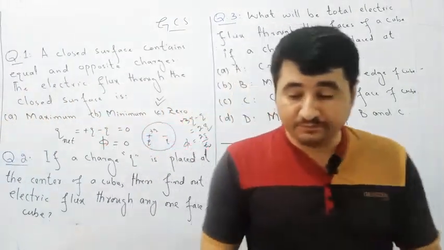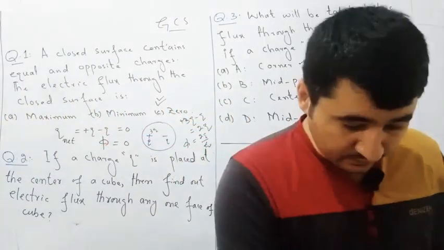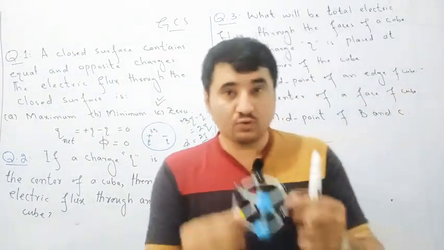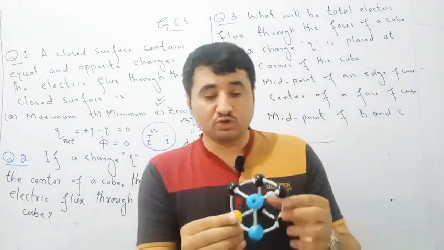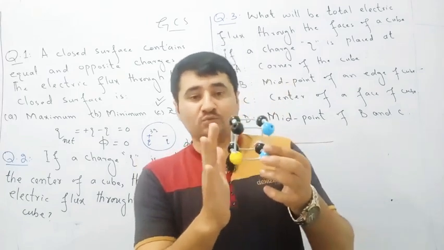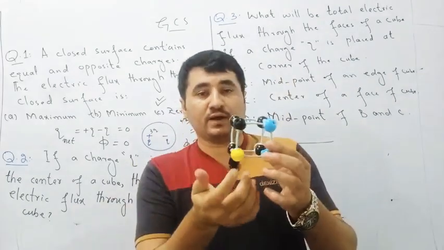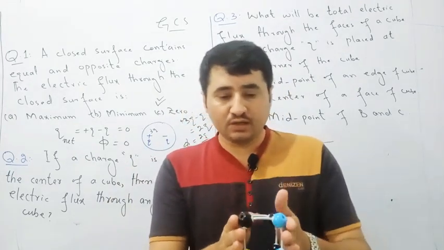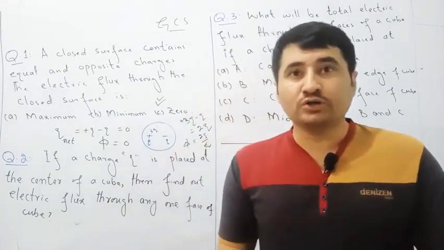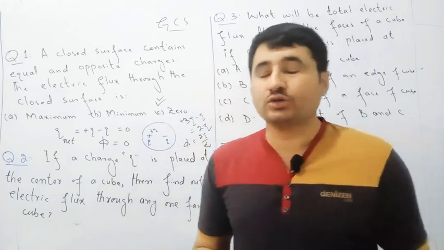For example, you have a cube, like this one. You know this cube has 6 faces, 1, 2, 3, 4, 5 and 6. You have already studied about the cube.